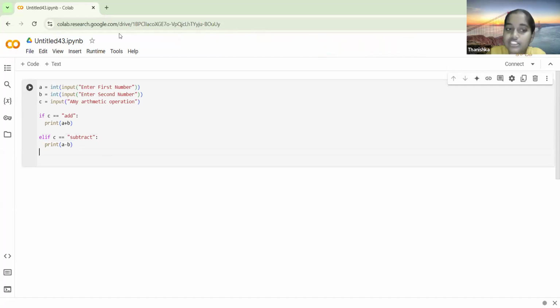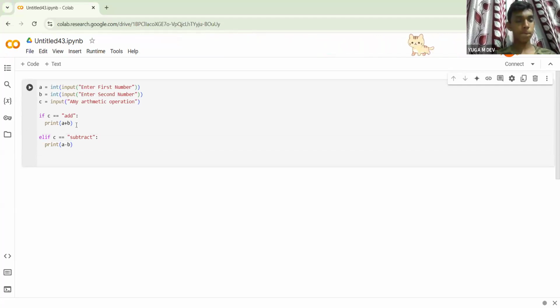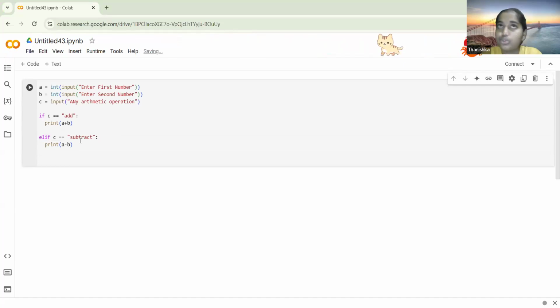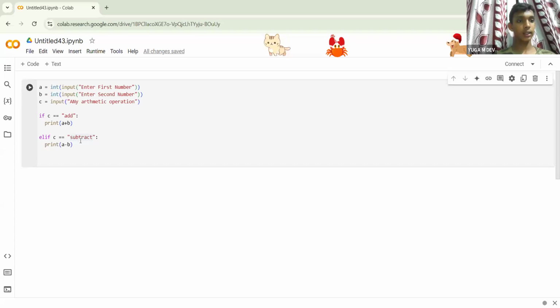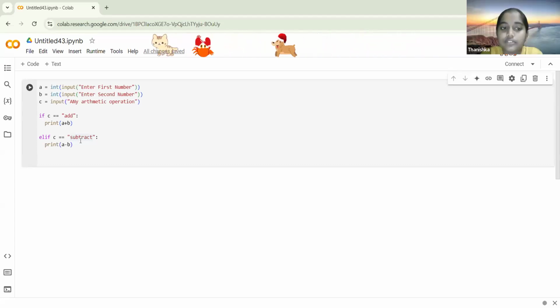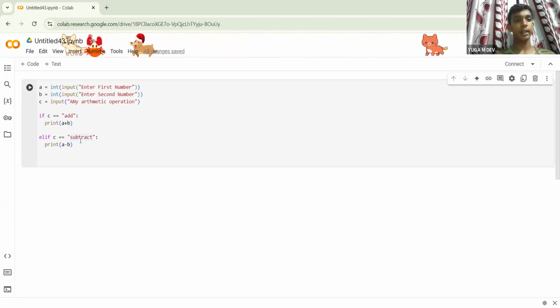So what is this actually? Can you explain these two lines to the level 1 students? These two lines from if C double equals add. Yes. So now, if we see the integer, any arithmetic operation, if we want to add, we give the double equals, because on both sides the values should be equal.